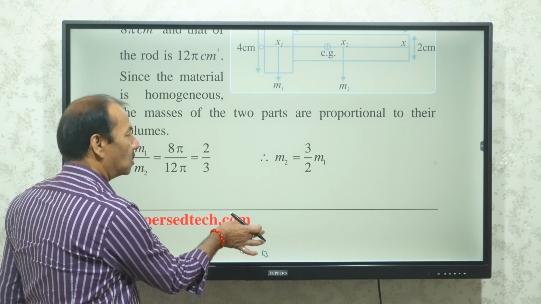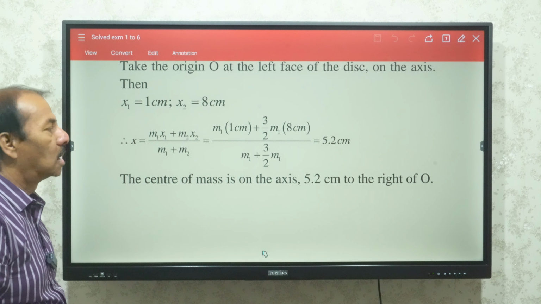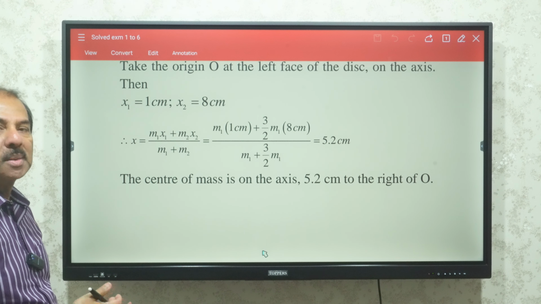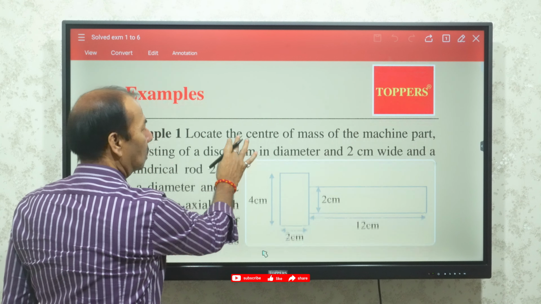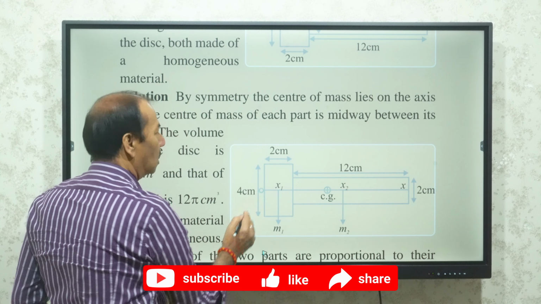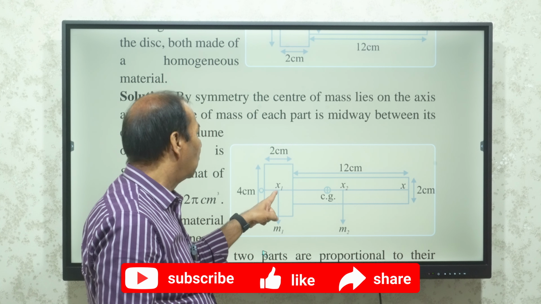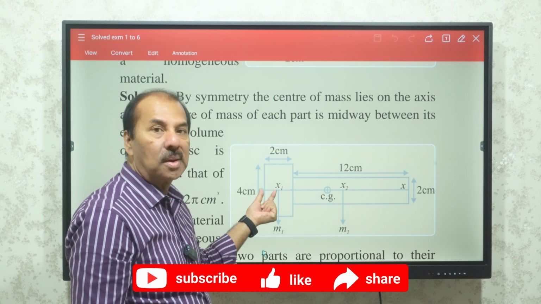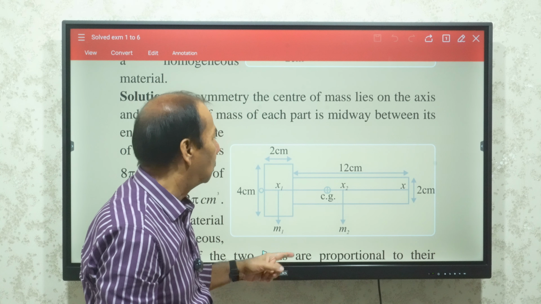Now taking the origin as the reference point at the left of this, O is taken as the origin. From this reference point, x1 is the center of mass of this part, and x2 is the center of mass of this part.